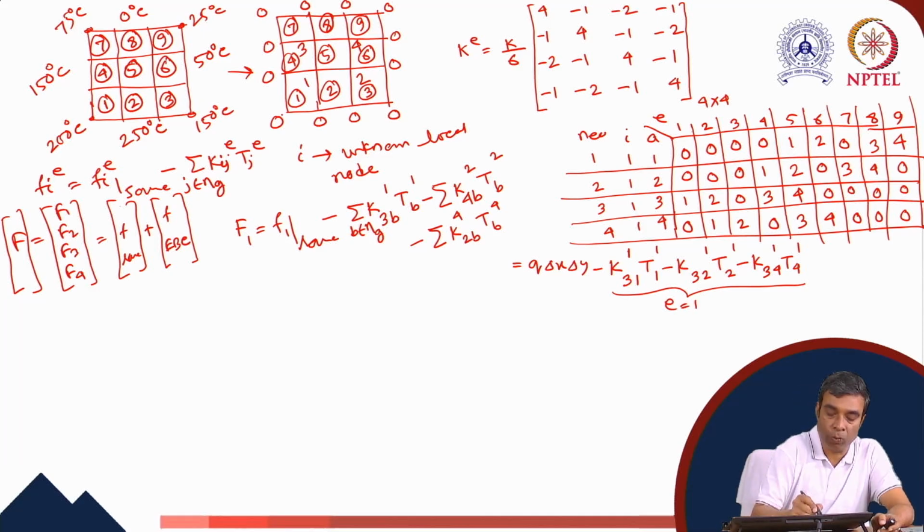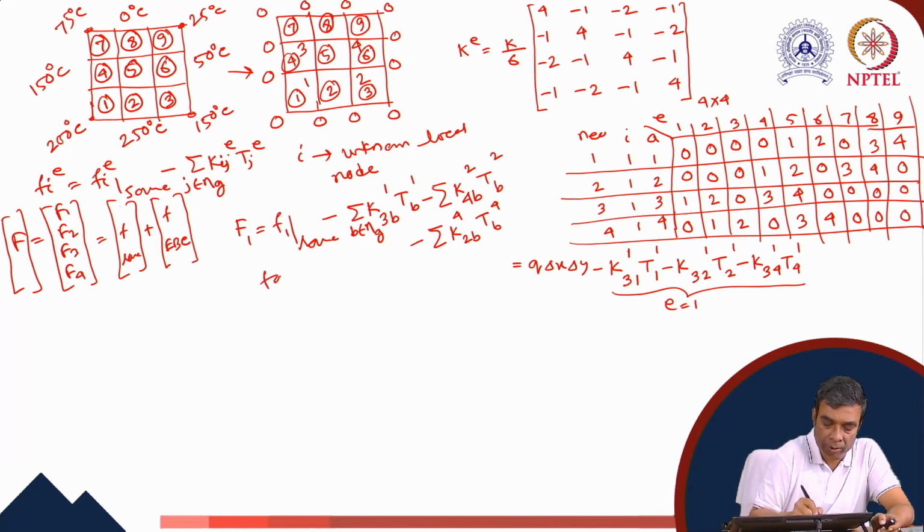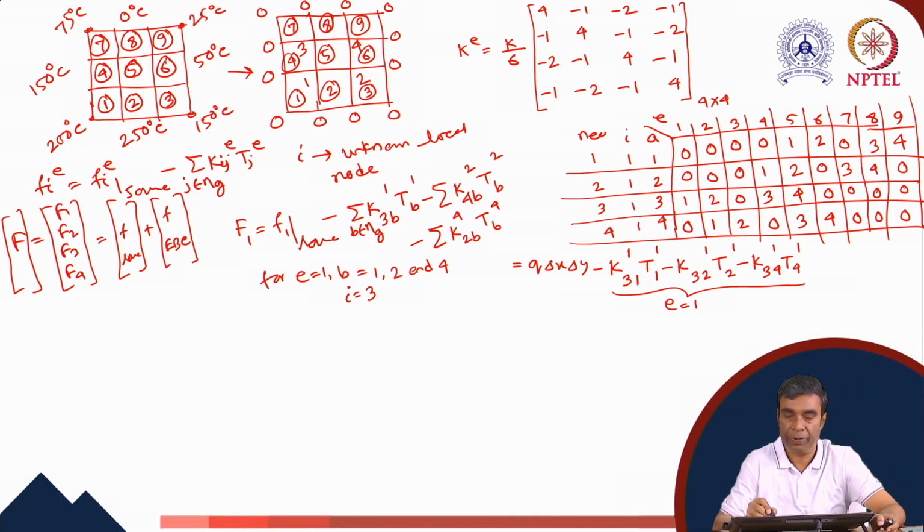These local node 1, local node 2 and local node 4 are at the boundary, or they are the small b things. So for E equals 1, B equals 1, 2 and 4. Here I equals 3. So this gives us the contribution from the first element.